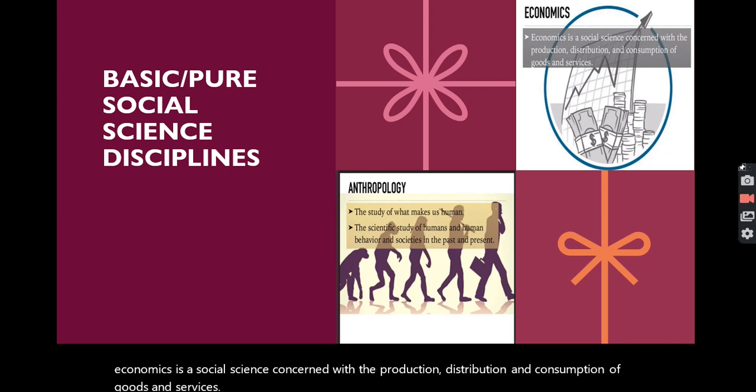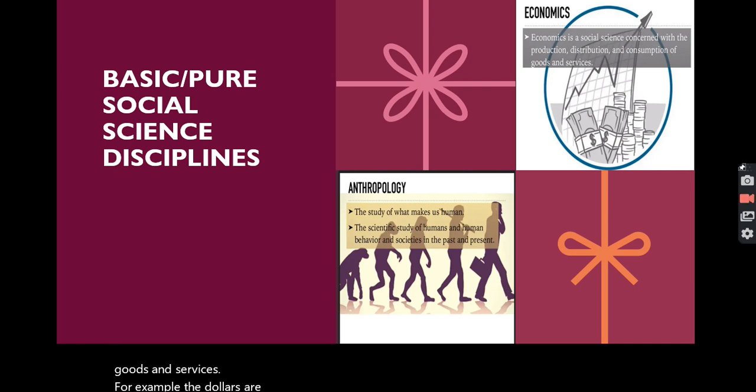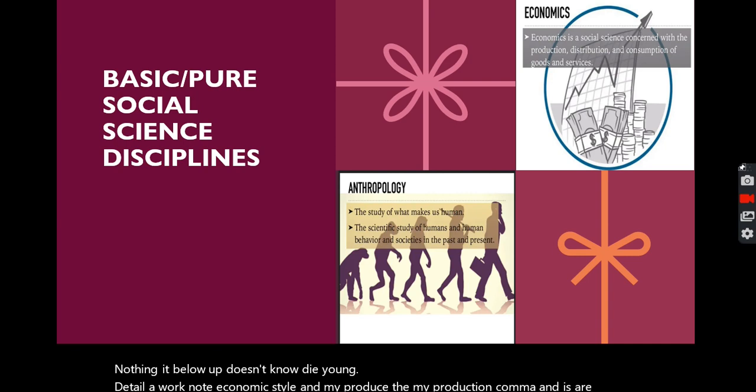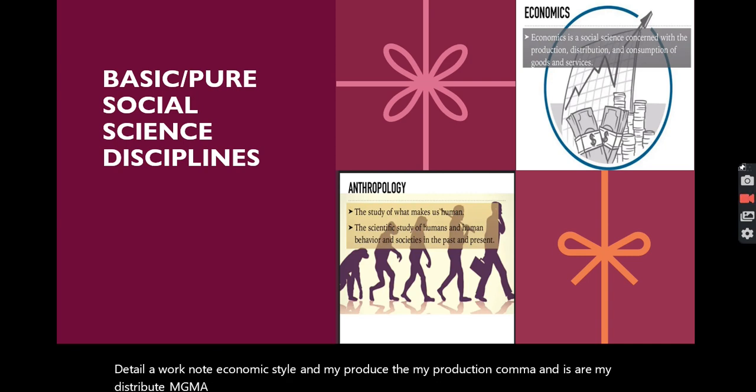O for example, dito sa Pilipinas, or kahit saang lugar, paano ba mabubuhay yung isang bayan kung hindi maiproduce ng tama, hindi madistribute ng tama, paano ba pag sinabi natin consumption, paano ba ginagamit or paano ba natin nauubos ang goods and services and others. Okay?